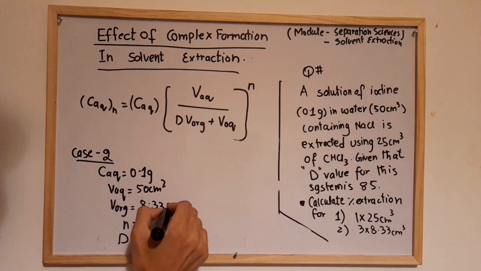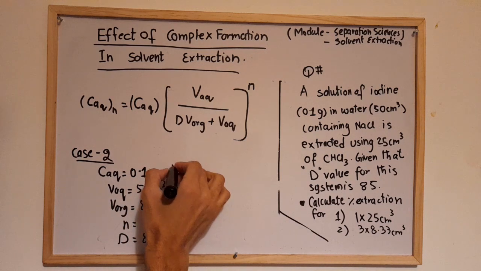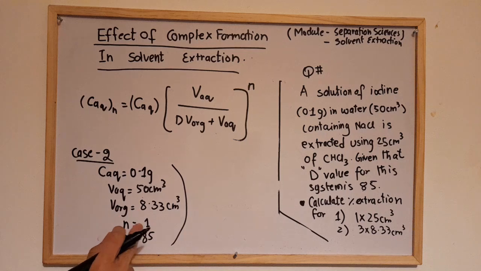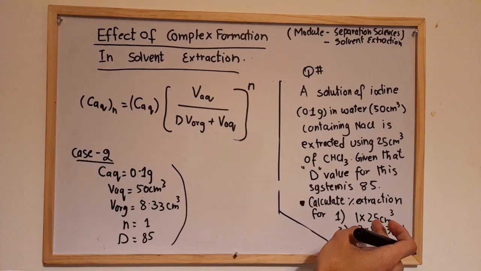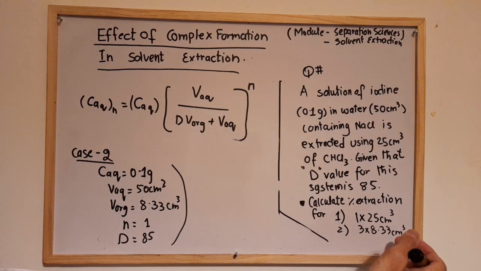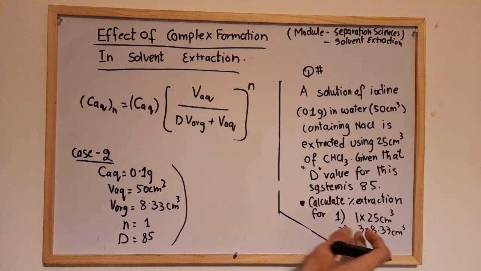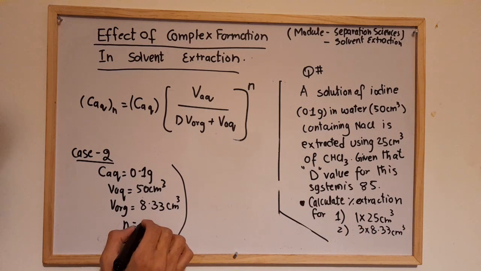Everything else would be the same except for the value of n. We are not using 25 centimeter cube at an instant, but we divide it: we use 8.33, then 8.33, then 8.33 again. So the number of extractions, n, would be 3.